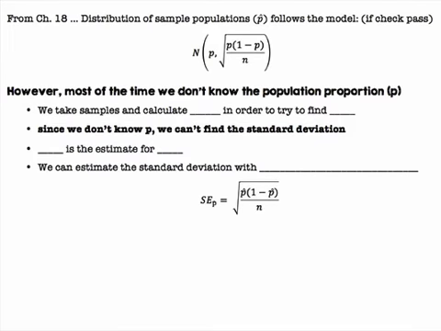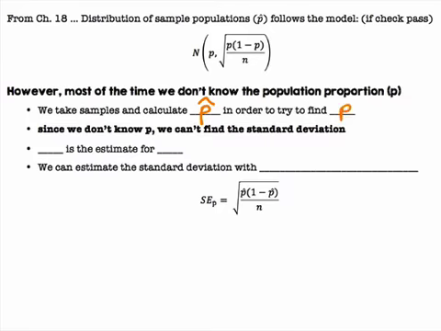From chapter 18, distributions of sample proportions, P hat, follows this model if the checks pass. So I have a normal model with a mean of P and a standard deviation of the square root of P times 1 minus P over N. However, most of the time we don't know the population proportion, so we take samples to calculate p hat in order to try to find p.